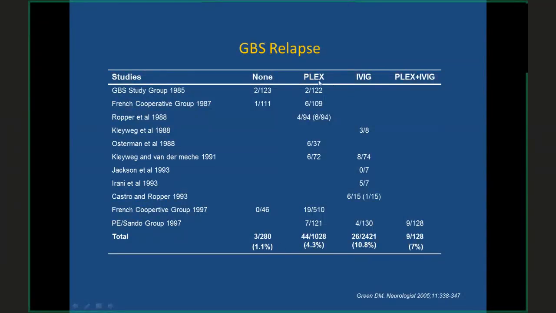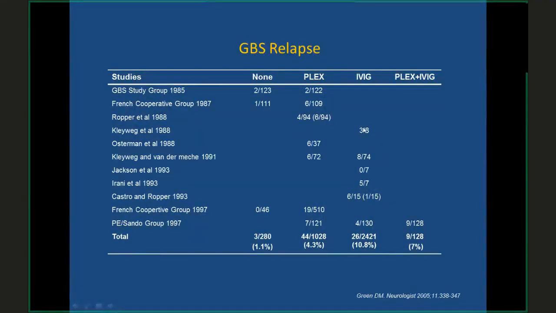After plasma exchange, about 4% of patients show relapse. The main reason is that in other small group studies, it looks like more patients show relapse. Same thing with the IVIG treatment group, up to 10%. I think that's also because of the small number of patients.